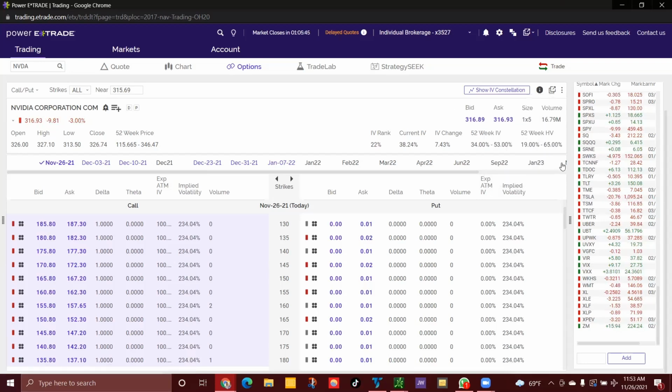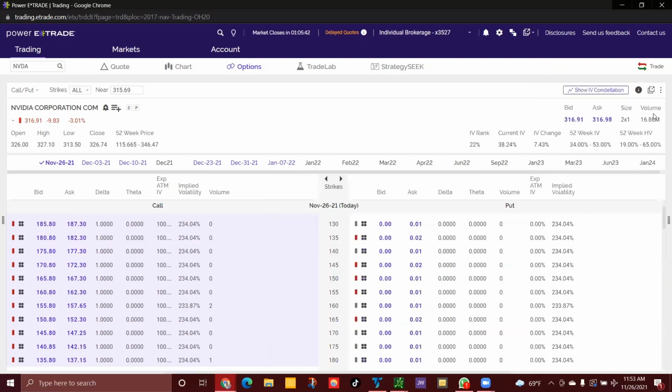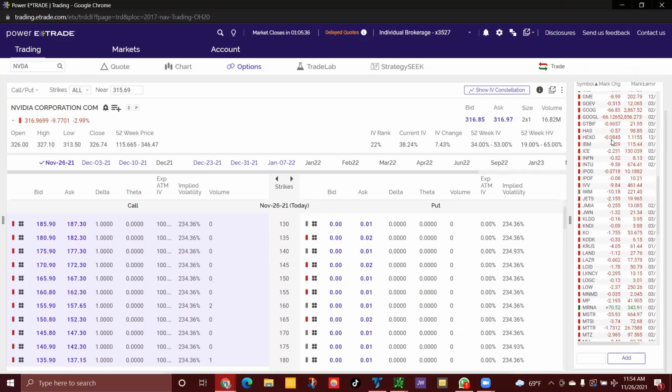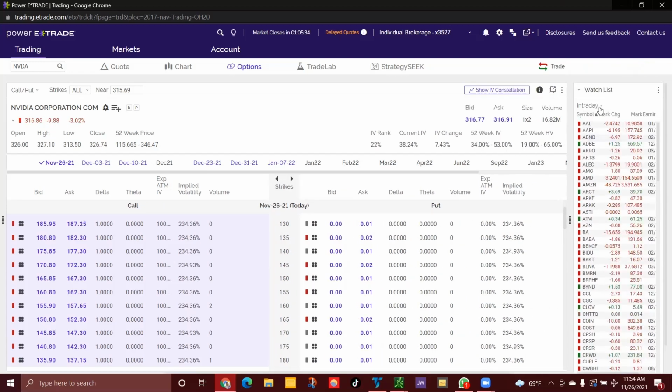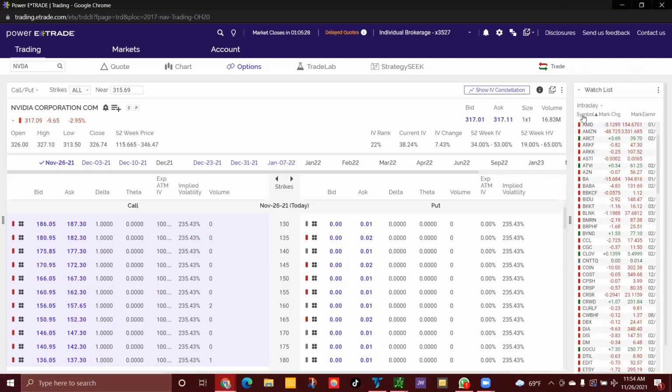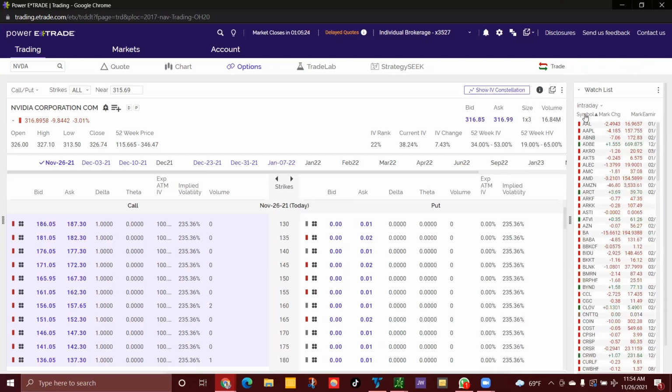Let me get this out of the way. Also, you make your watch list here, and you can have multiple watch lists. If you hit the symbol here, you can put them in alphabetical order, which is really nice.